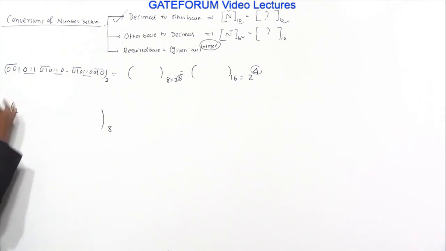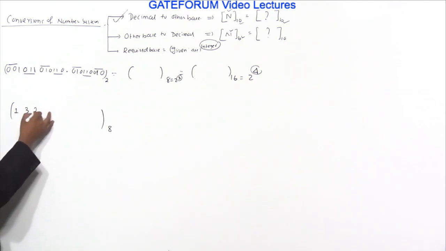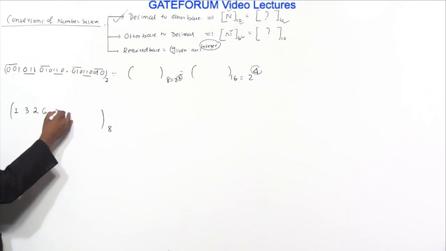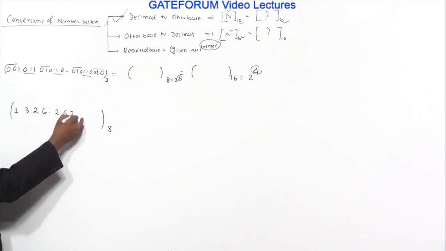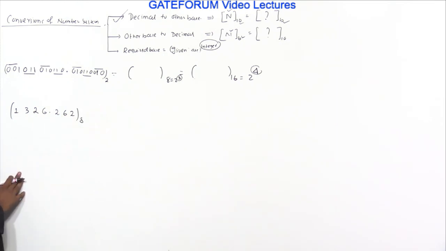This is 1. 011, that is your 3. 010, that is your 2. 110, that is your 6. Then the dot. 010 is 2, 110 is 6, 010 is 2. So this is the octal equivalent of this binary number.